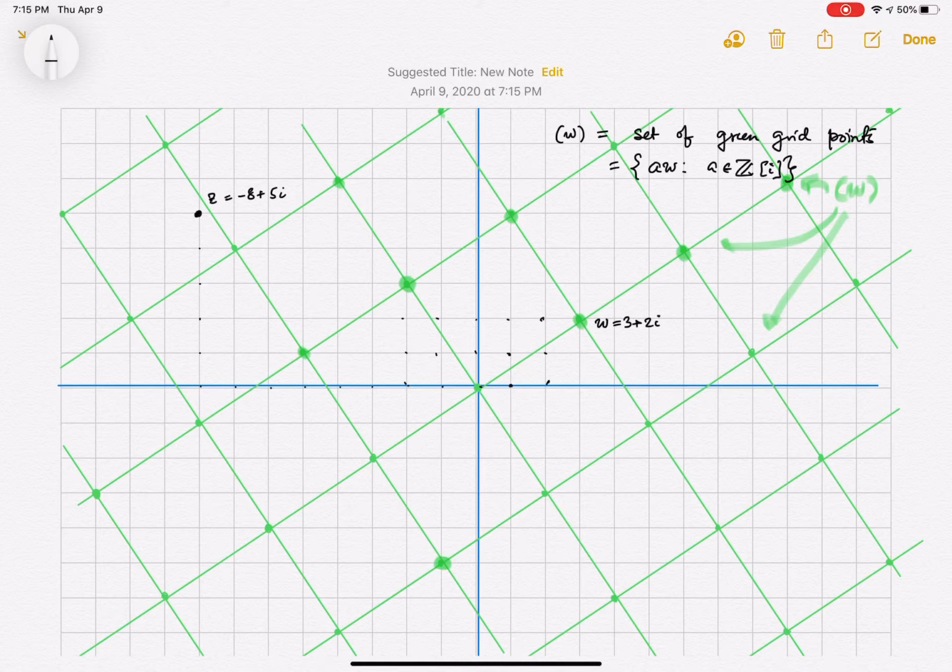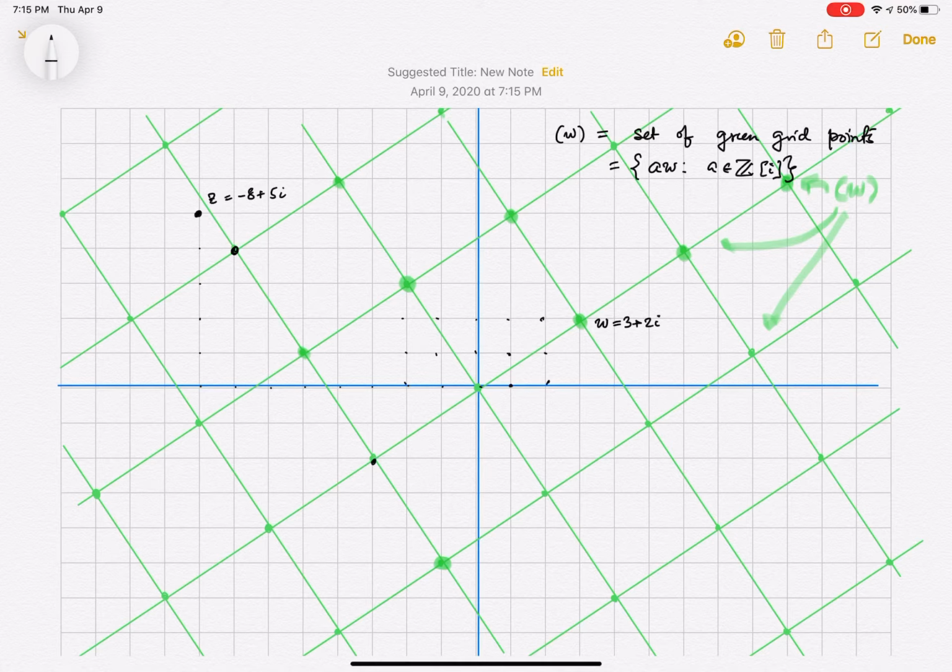So for example, in this case, minus w is here, and then 2w is here.